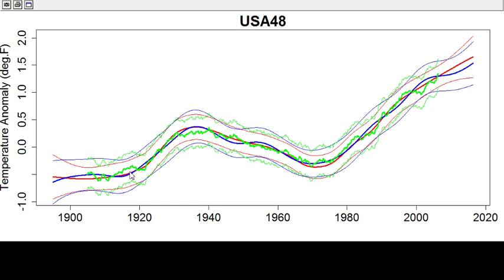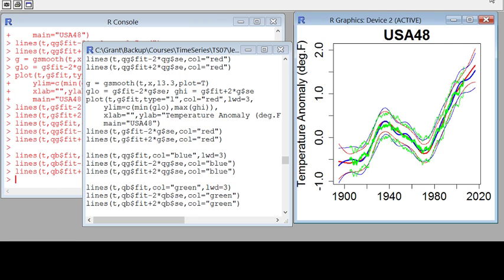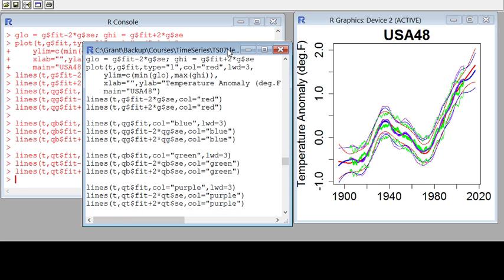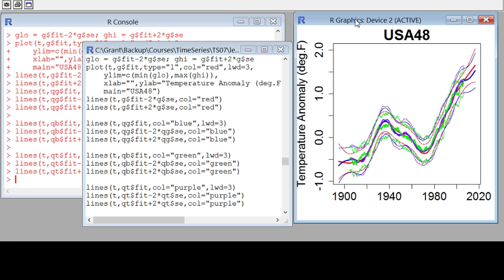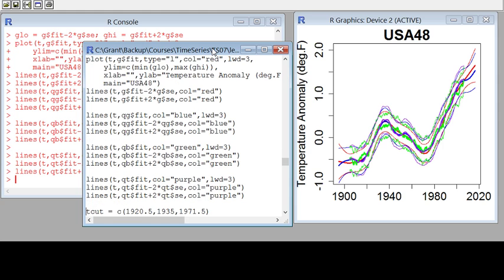But it's basically showing us the same overall pattern and roughly the same confidence range around that overall pattern. And if I compare it to the tent filter, by golly, same thing again. All our filters are giving roughly the same overall pattern and roughly the same confidence interval, which is a pretty good sign that we're getting a decent handle on things.